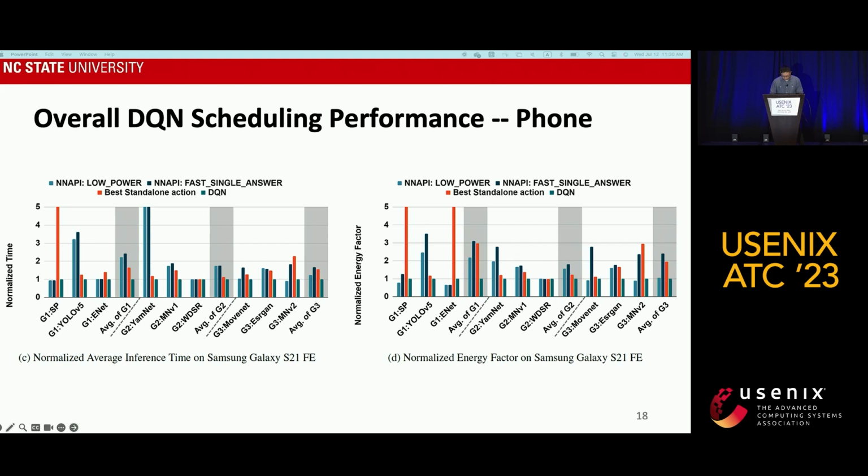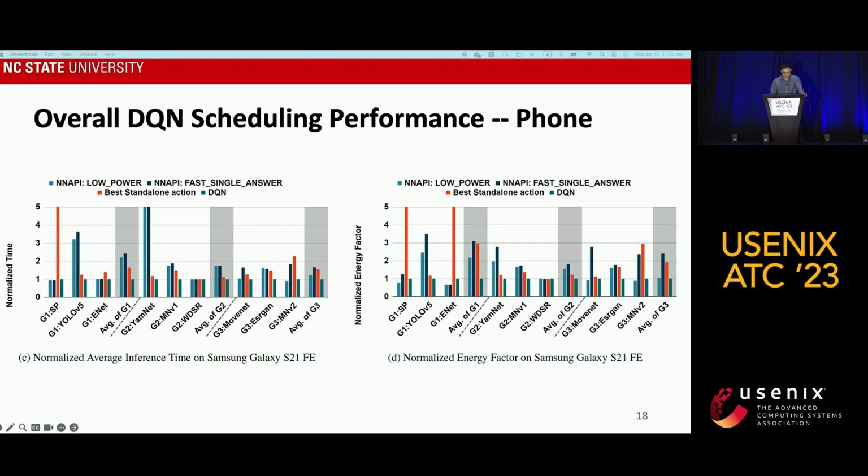The first 2 are where the DNNs in the group always use one of the 2 settings of the NN API, and the best standalone action is what we find through offline profiling to get the best performance when the DNNs run standalone in a specific device setting.